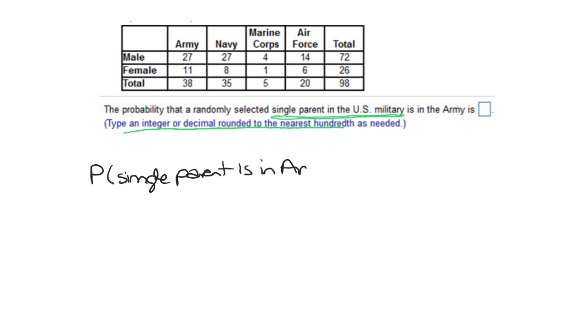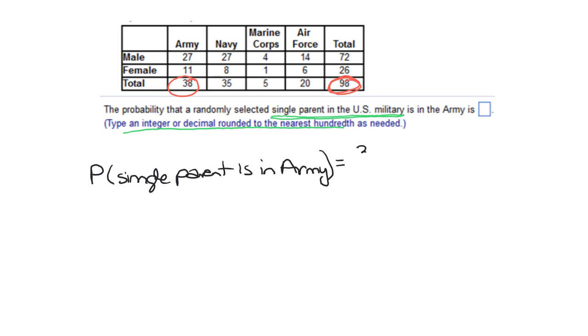Let's take a look at our table and see if we can find the number of these parents. Remember, these are all parents that are listed on here. The number of parents that are in the Army, and that would give me 38 out of the total number in the military, and that would be 98.